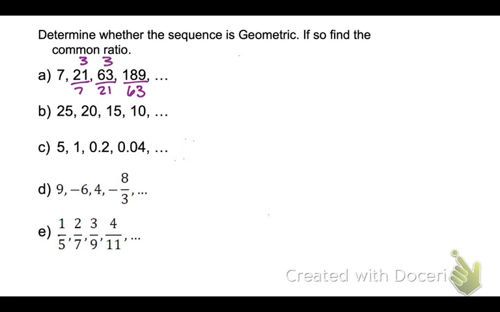Once you know one of them, they all have to be the same, so you could just do the multiplication. 63 times 3 is also 189, so it is geometric. The ratio would be 3, and r equals 3.